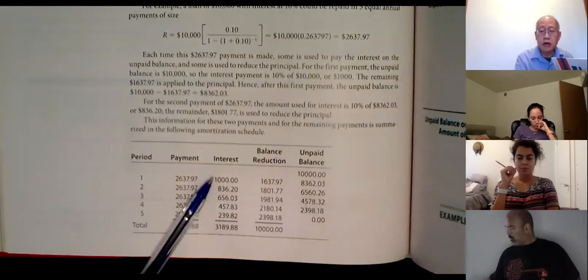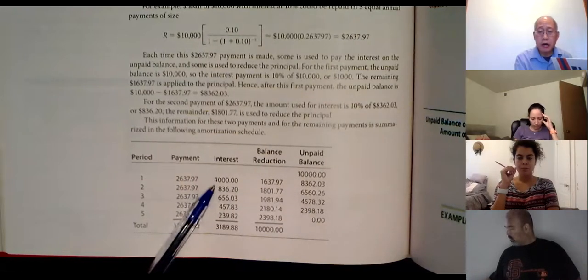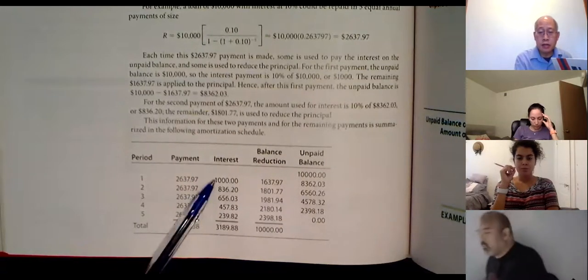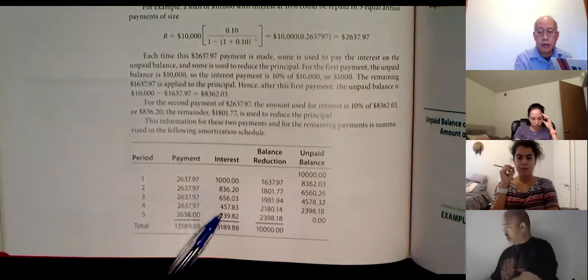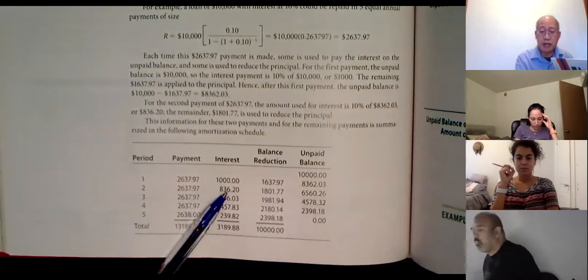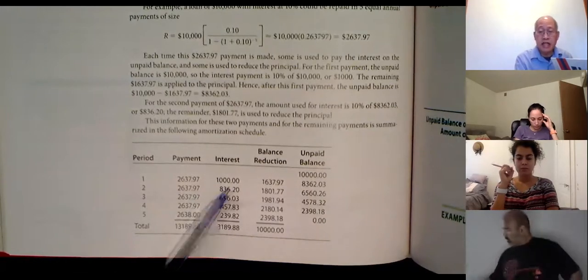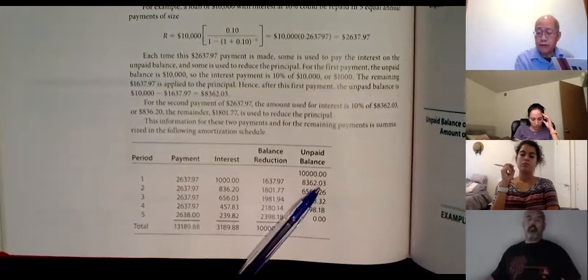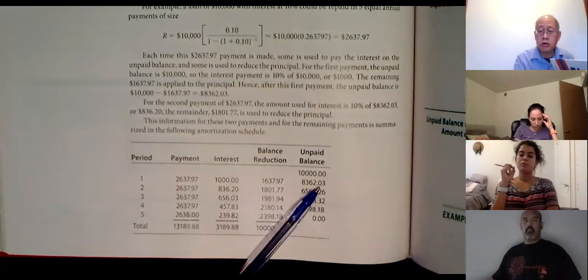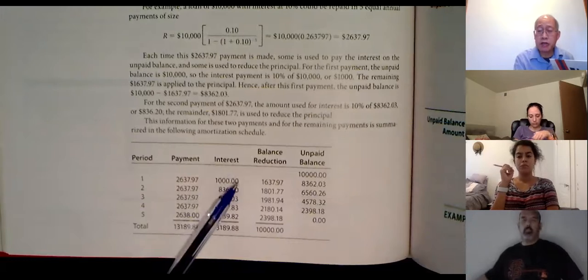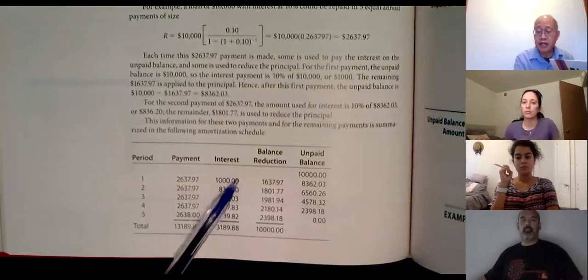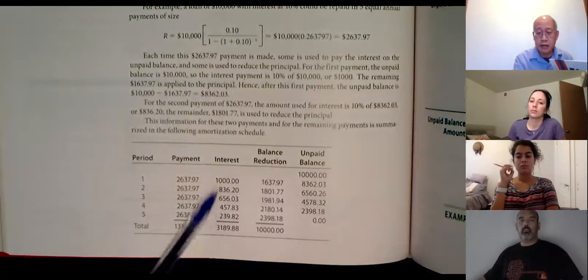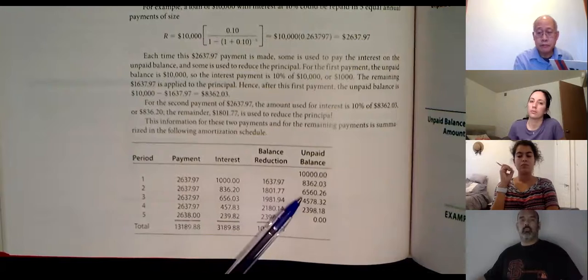By the way, as time goes by, are you paying more or less interest? Take a look. You're paying less interest, which makes sense because you owe less money. That's always true in a loan. If you take out a car loan, home loan, or whatever, the biggest amount of interest is always at the beginning. It isn't until the end that the interest starts to drop.